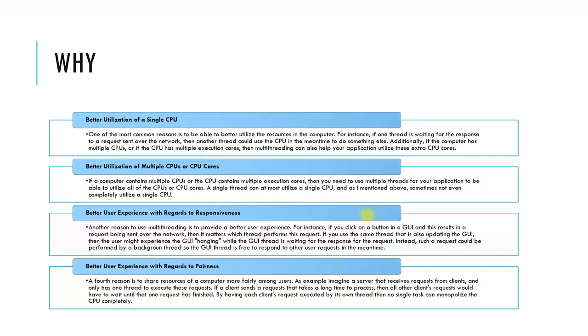Modern computers usually have multiple CPUs or CPU cores, so using single-threaded applications, we can use only one CPU, and it will not be optimal for us. Multithreaded applications provide us the ability to utilize all the resources we have.